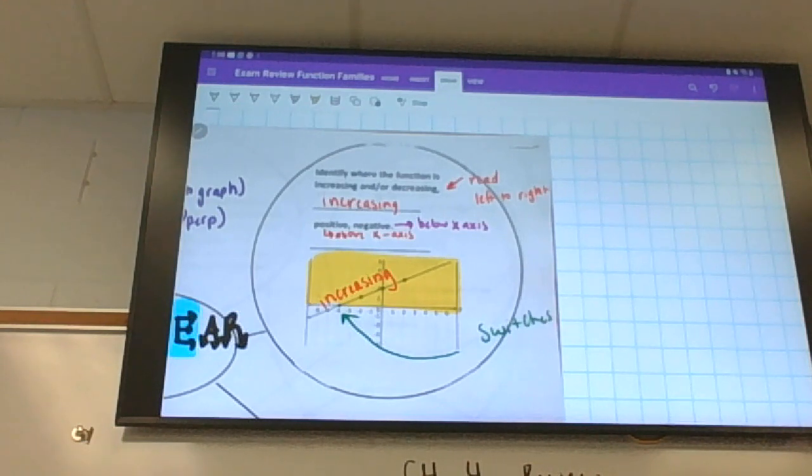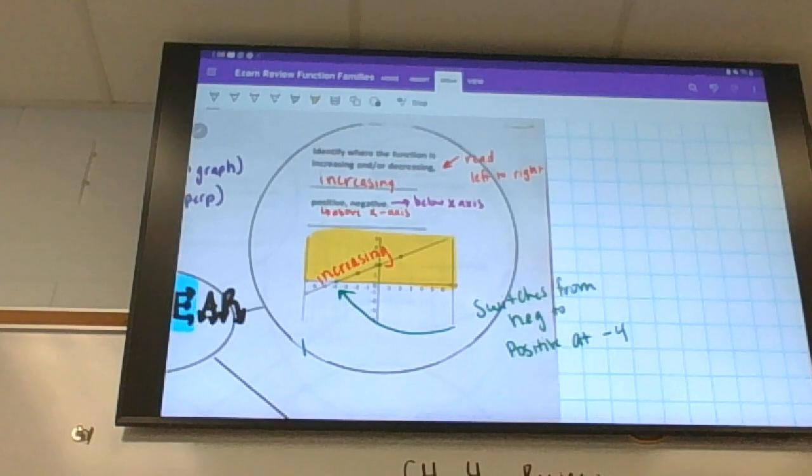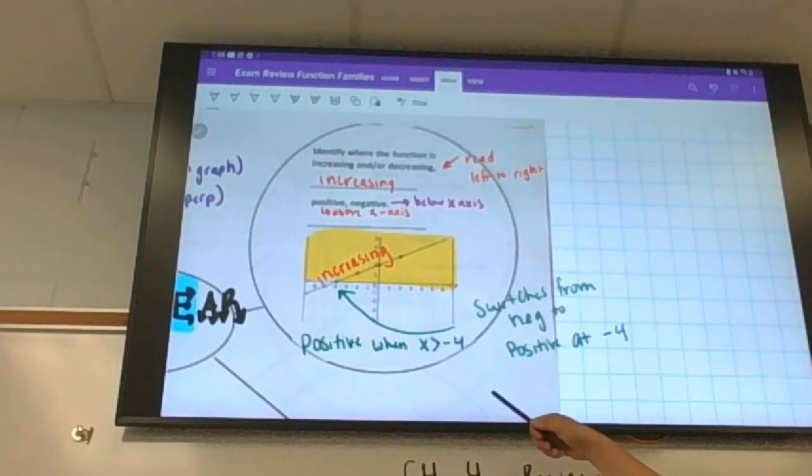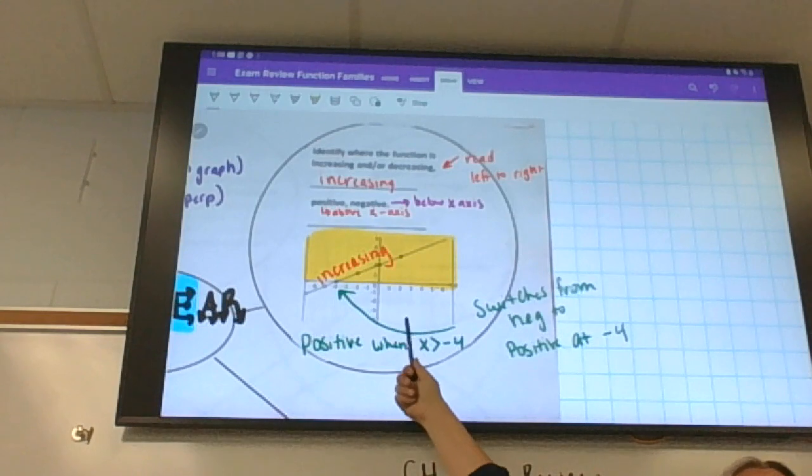It switches from negative to positive at -4. So that's not a good enough answer. I'm going to have to do even more. I'm going to say positive when x is greater than -4. That's how I write it. It's positive when x is higher than -4.